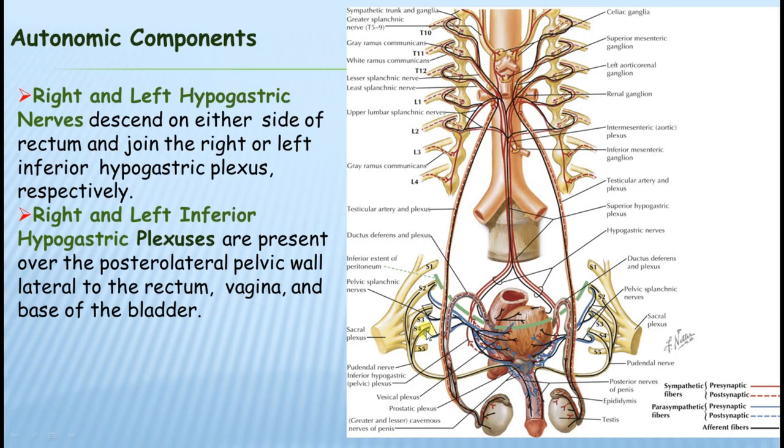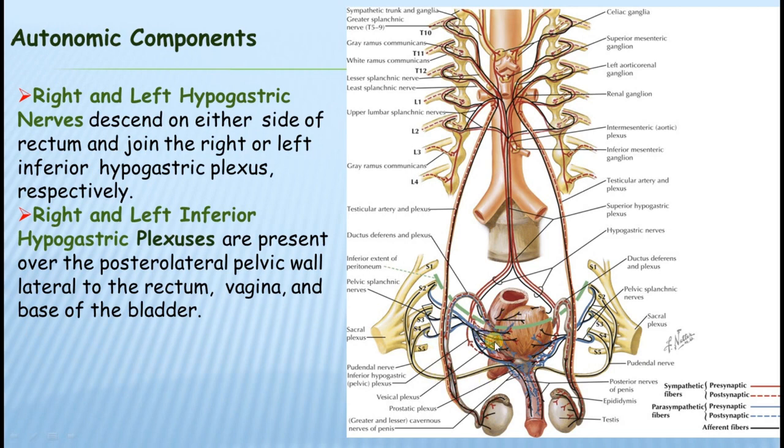These pelvic splanchnic nerves are mainly responsible for the motor fibers. They stimulate peristalsis in the lower gut, because they join with the inferior mesenteric plexus and also supply the left colic flexure, descending colon and sigmoid colon.